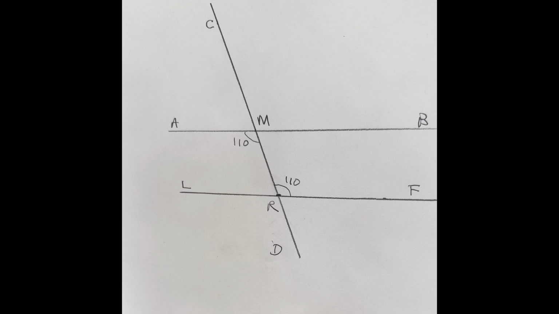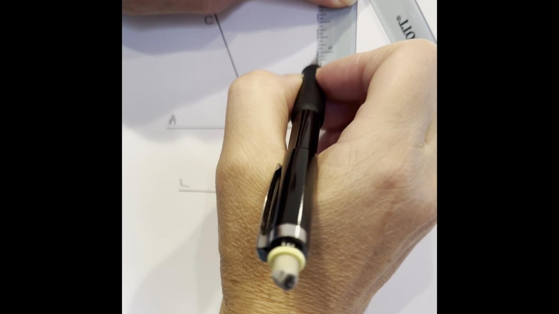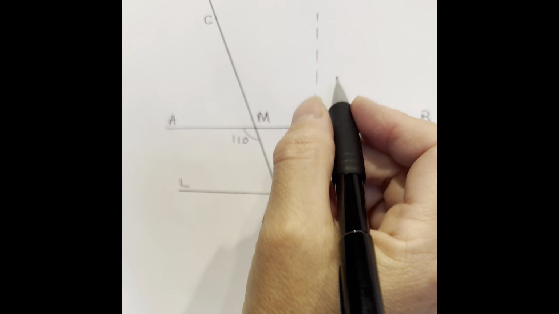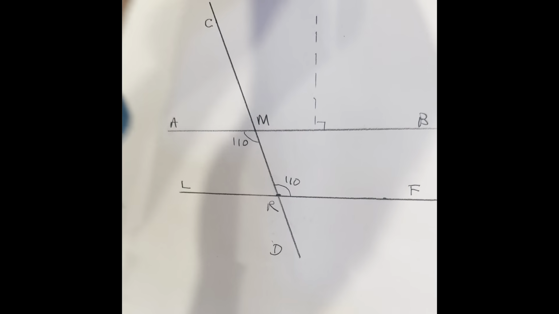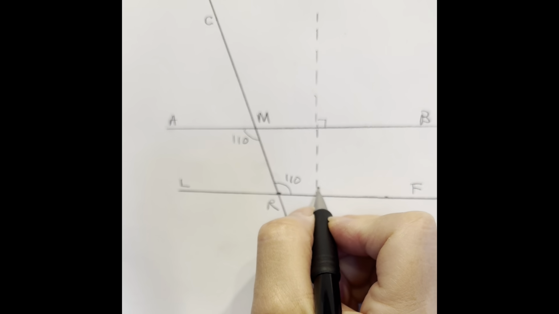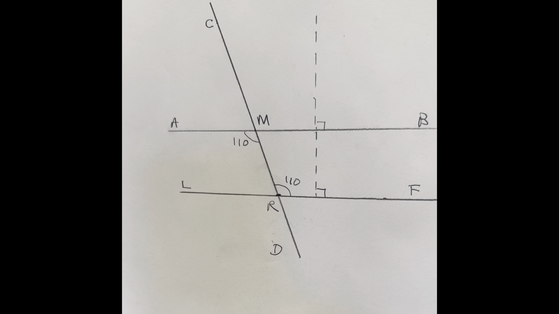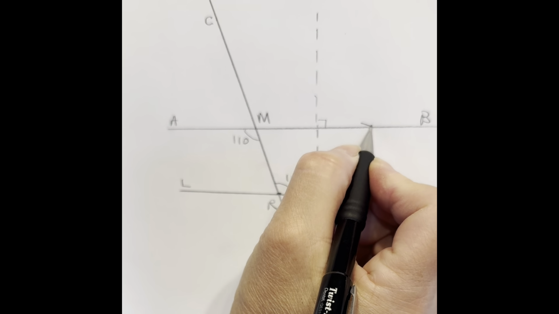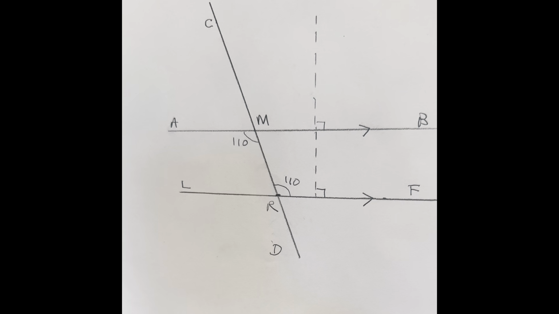And now I just want to check whether or not lines AB and LF are parallel. So again, I use my set square to determine whether both those lines are perpendicular to the same line. And if they are, which indeed they are, then lines AB and LF are parallel to each other.